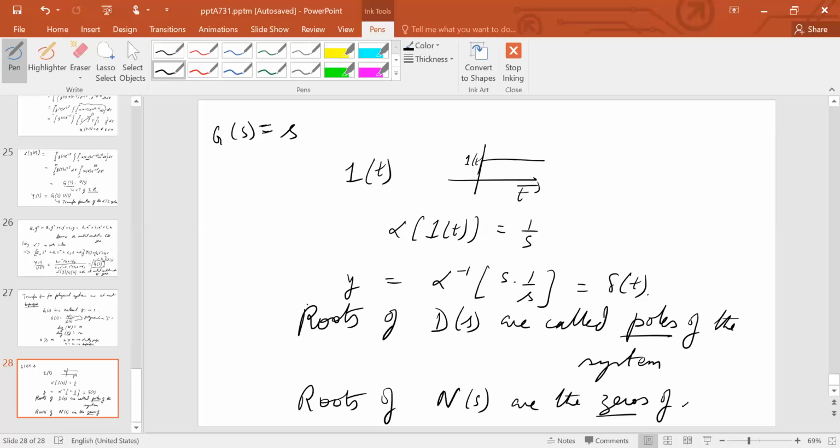So basically we can characterize this linear time invariant system by its impulse response, in turn also by its transfer function, because the one is related to the other through a Laplace transform, right?